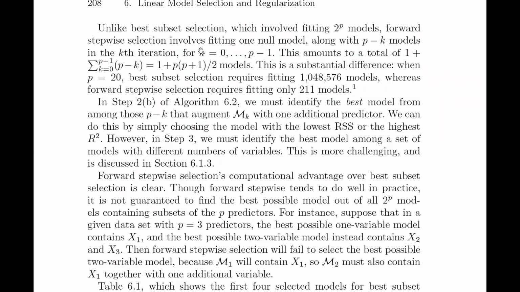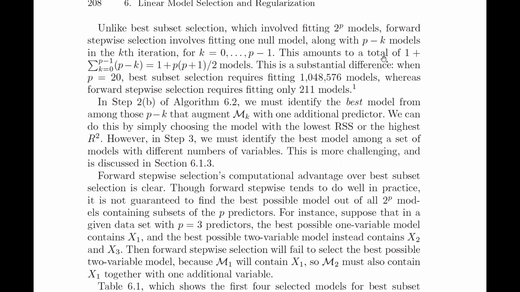Unlike best subset selection, which involved fitting 2 to the power of P models, forward stepwise selection involves fitting one null model along with how many? P minus K models in the kth iteration, where K is 0, K is 1, until P minus 1.